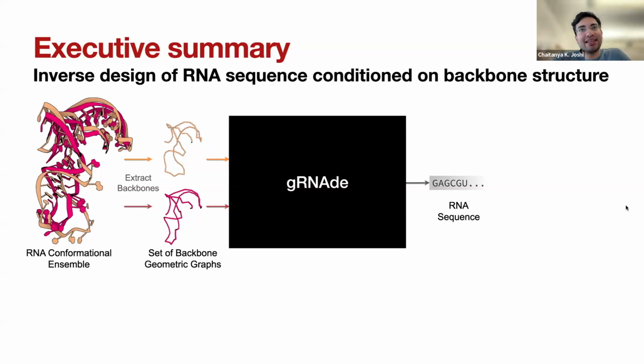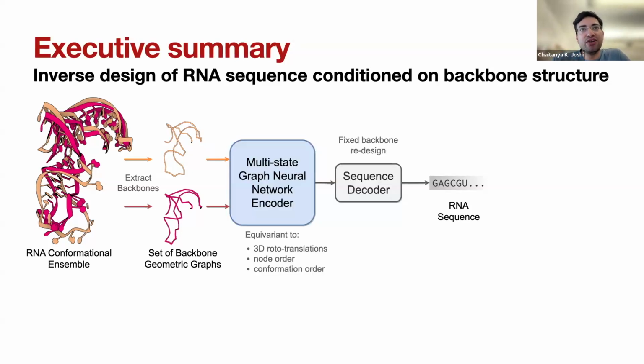Within this black box, we use a graph neural network to encode structure and a language model to decode sequences. Something that's new in our work is that we don't just consider a single structure, we consider multiple structures, multiple states, because this is often important for designing RNAs. We want the same sequence to accommodate multiple states.